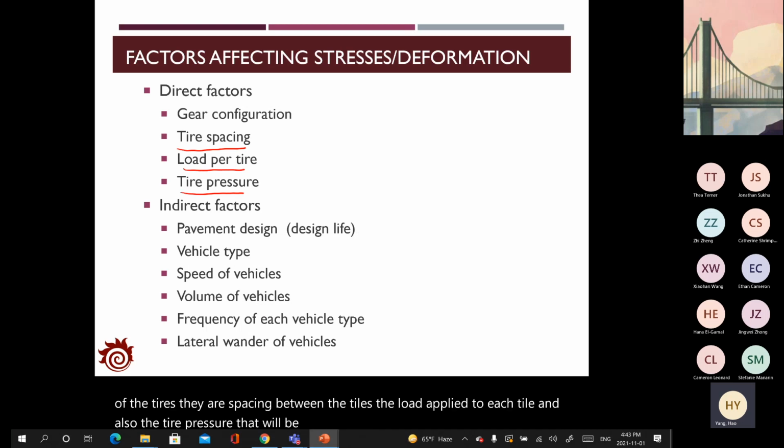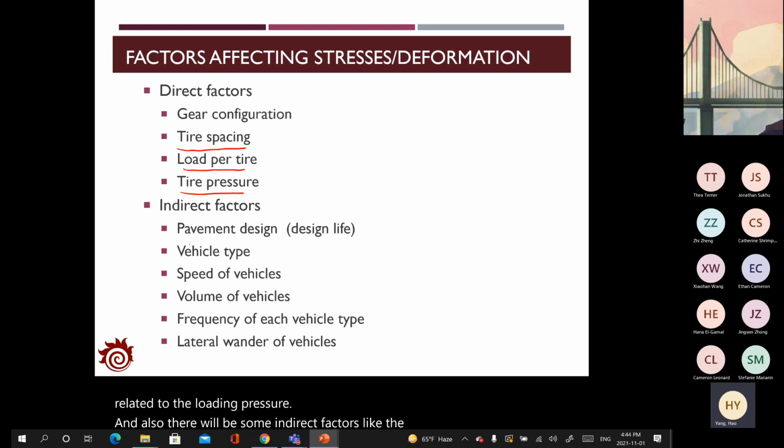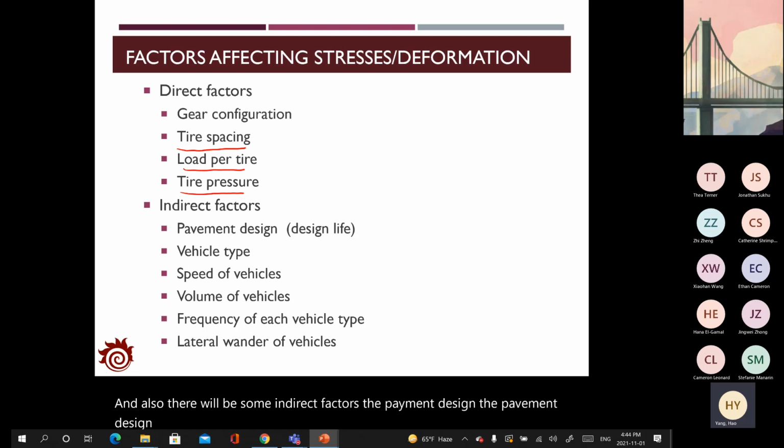Usually, the tire pressure is directly related to the loading pressure. And also, there will be some indirect factors like the pavement design, the structures of the pavement, which will also have some impact on the stress or the deformation of the load applied to the pavement structure.